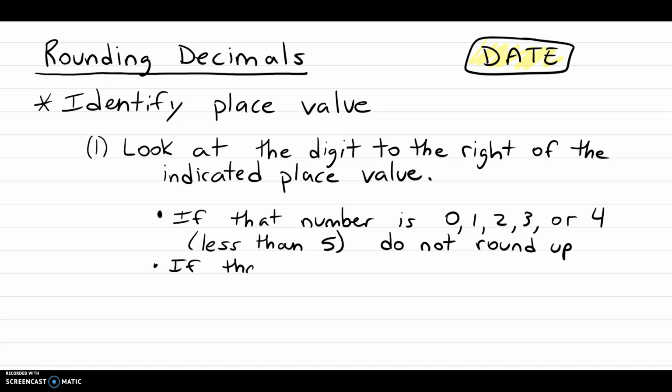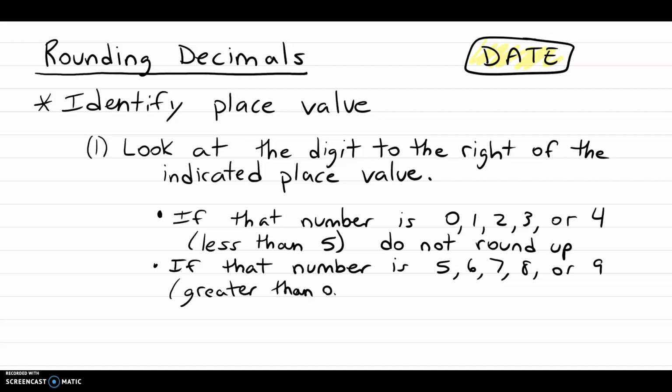If that number is 5, 6, 7, 8, or 9, so greater than or equal to 5, you do round up. So you round up that number in the indicated place value to the next digit, the next value up by 1.